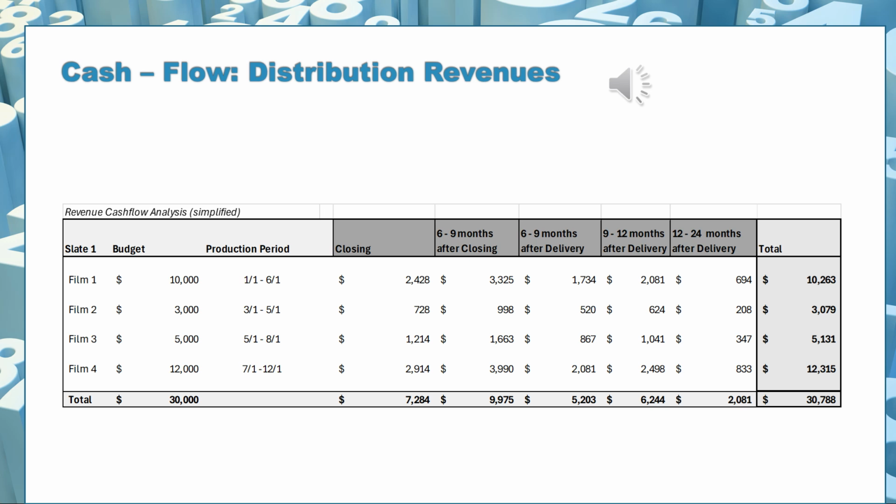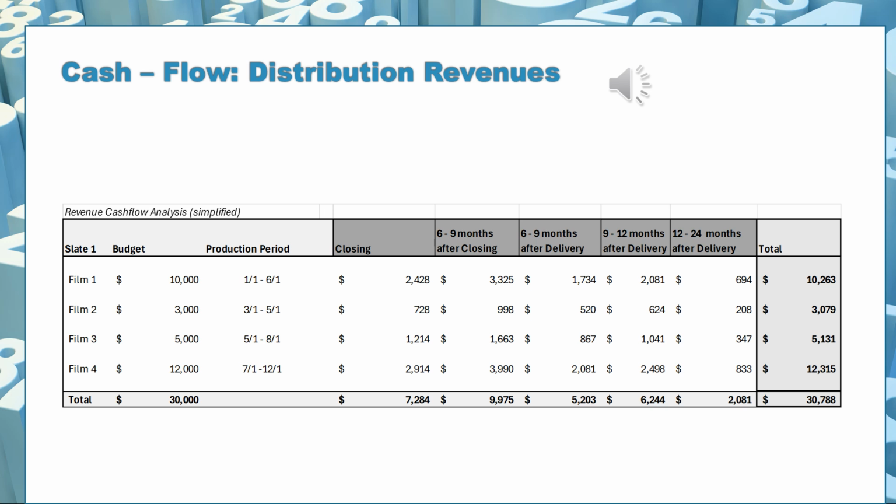6 to 9 months after delivery, we are generating international distribution revenues, and in this case I made it 6 months just to be clear, so that we have the cash flow plan a little spread over 2 years and not go too far.